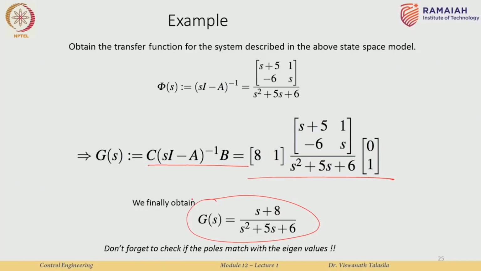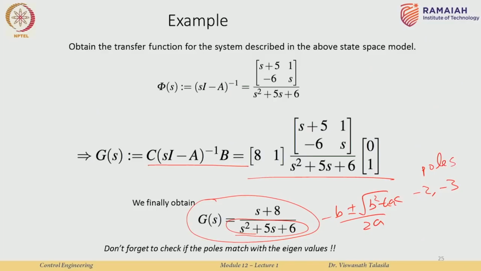Now, it is important to remember that you may have made a mistake in the derivation. The simple way to double check is to compute the poles of this transfer function. There is a quadratic equation, so you just use minus b plus or minus square root of b square minus 4ac, divided by 2a, and you compute the poles. In this particular case, I think it will be minus 2 and minus 3, these are the poles.